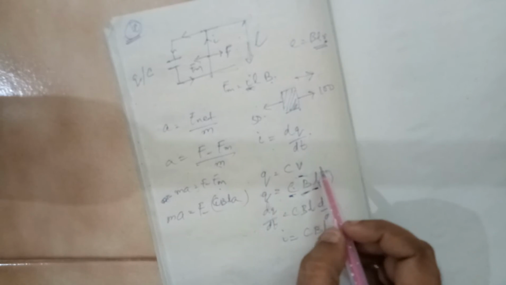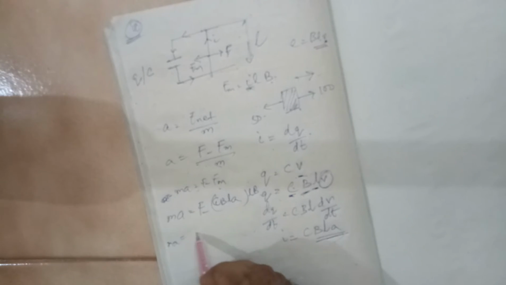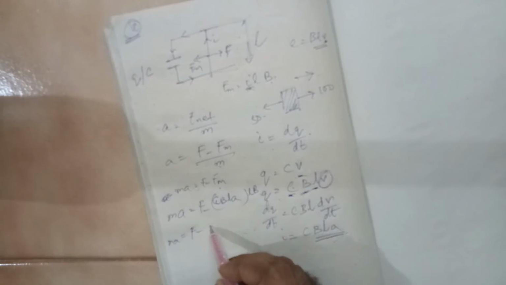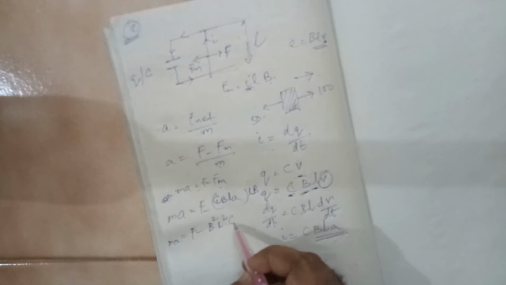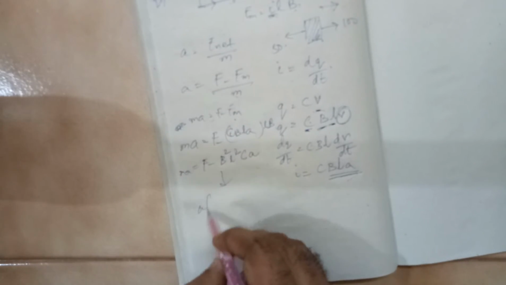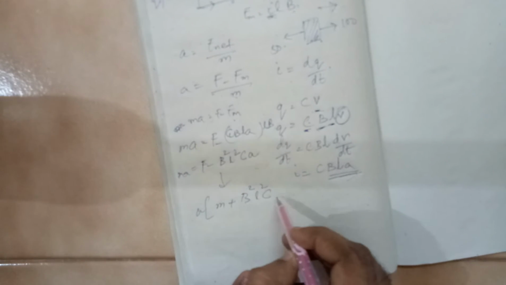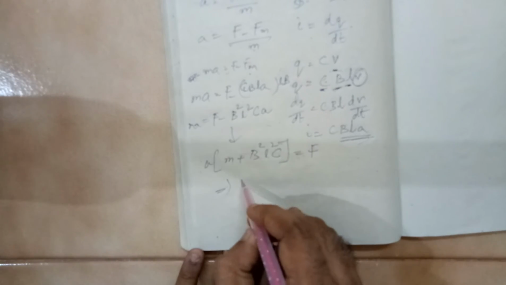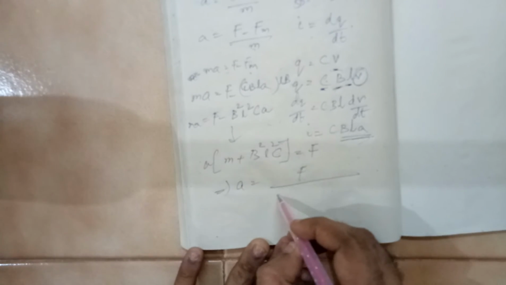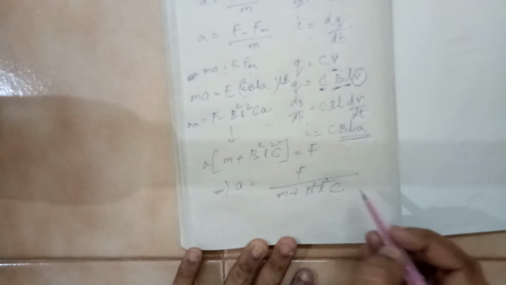It is CBLA multiplied by LB, which is nothing but MA is equal to F minus B square L square C A. This leads to, if I take the terms common, (M plus B square L square C) A is equal to F, or A is equal to F divided by (M plus B square L square C).